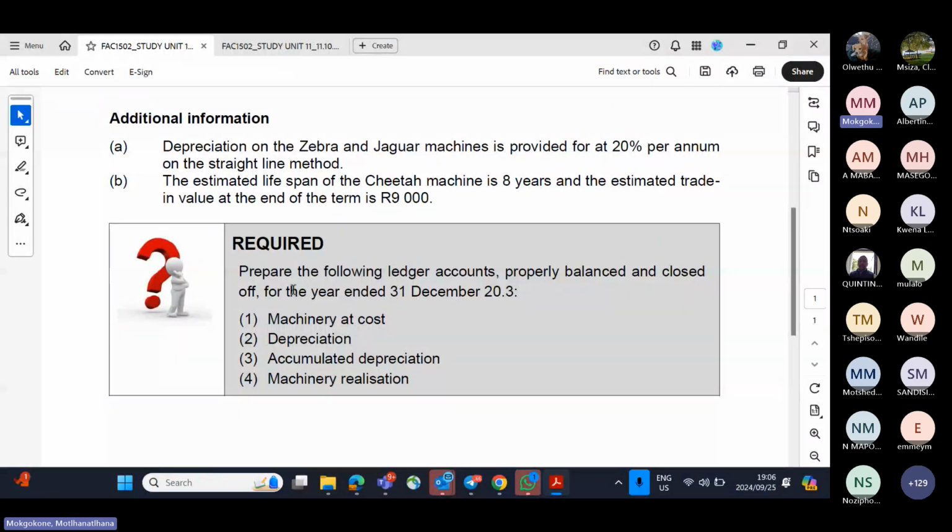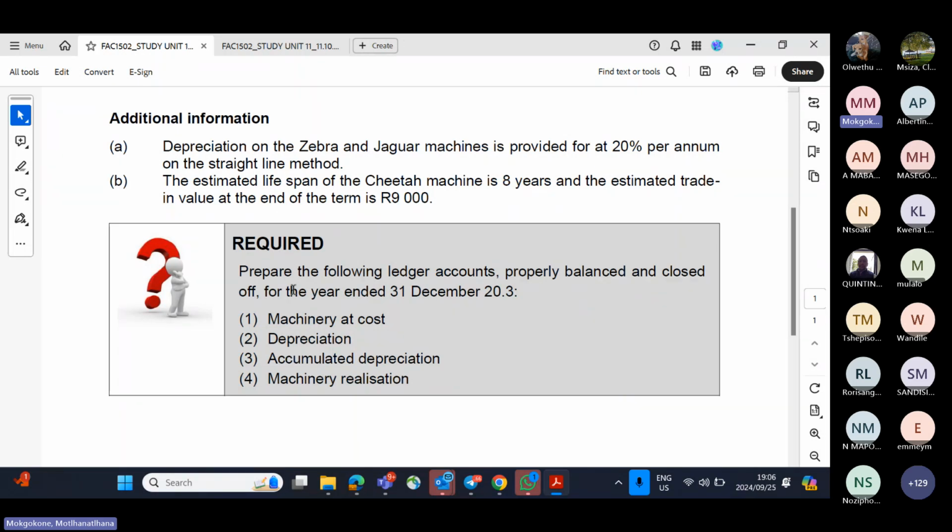First, machinery at cost, which is an asset. Remember, an asset increases on the debit and reduces on the credit. The second is general ledger accounts for depreciation, which is an expense. It also increases on the debit side and reduces on the credit side.